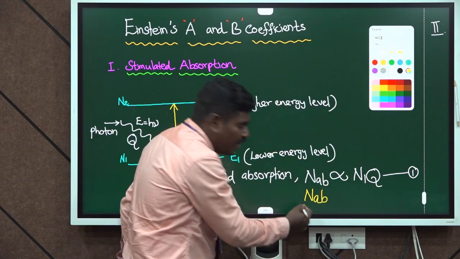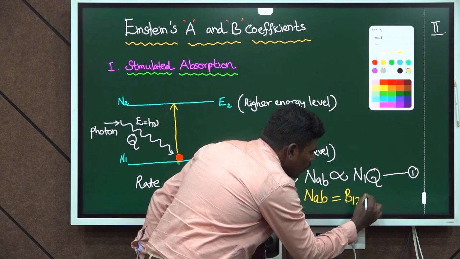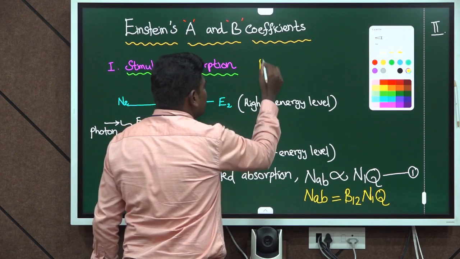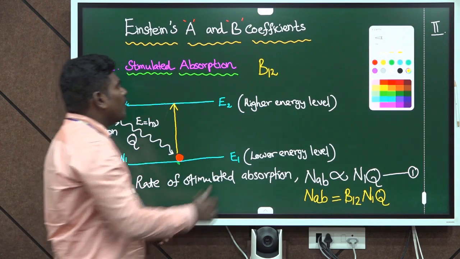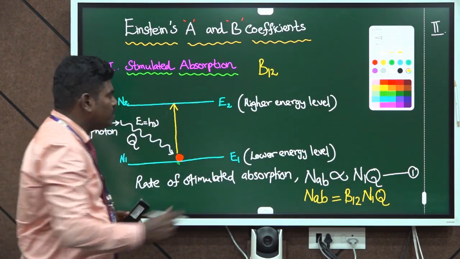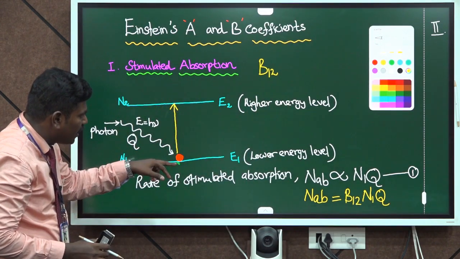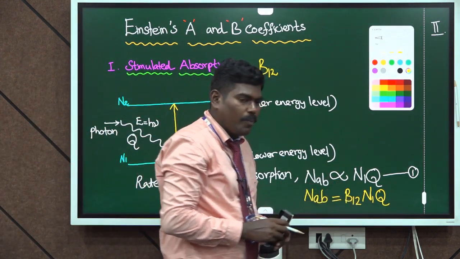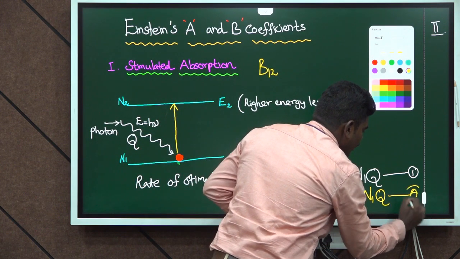So NAB equals B12 N1 Q, where B12 is the proportionality constant. B stands for stimulated and A is taken as spontaneous. The suffix 12 indicates the transition from the first energy level to the second energy level. So B12 is a proportionality constant. This is equation A.